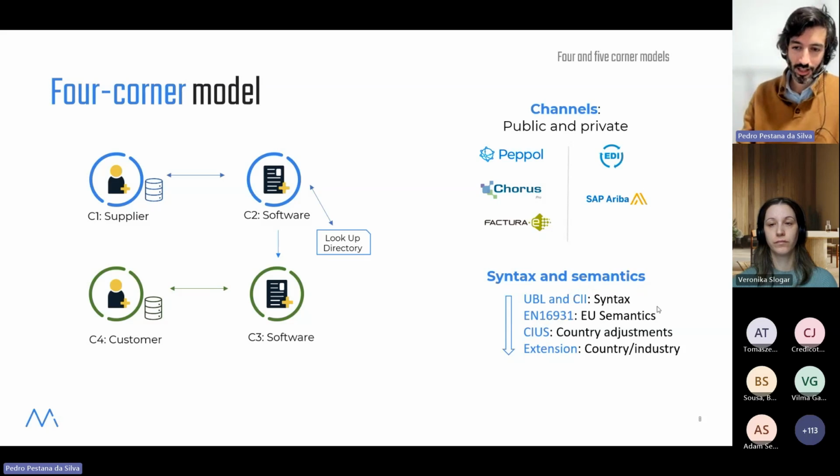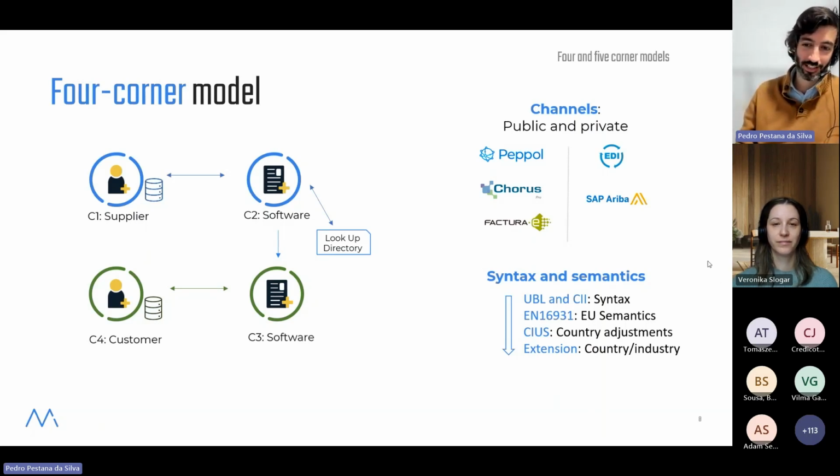So an extension will be part of a CIUS, a CIUS will be part of EN 16931, and the EN 16931 will always fit within a UBL or CII syntax in an XML. Hopefully this helps you understand the big picture.